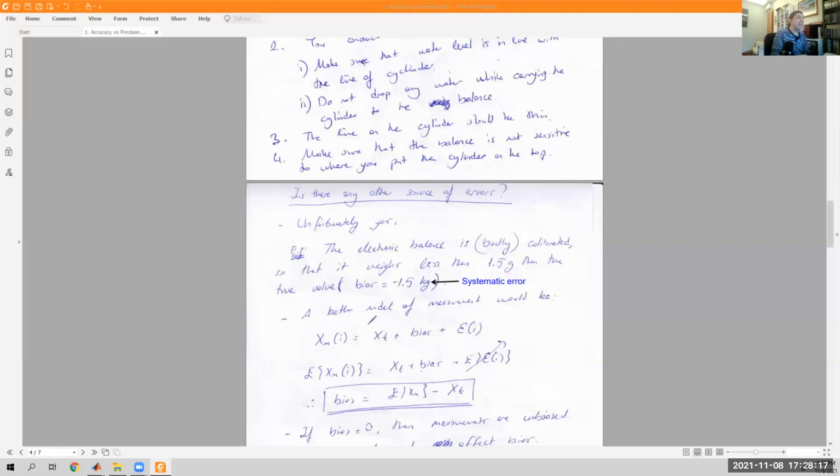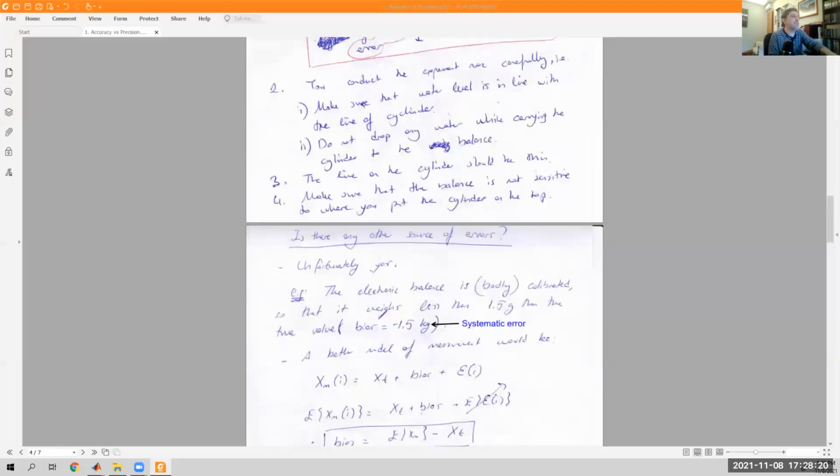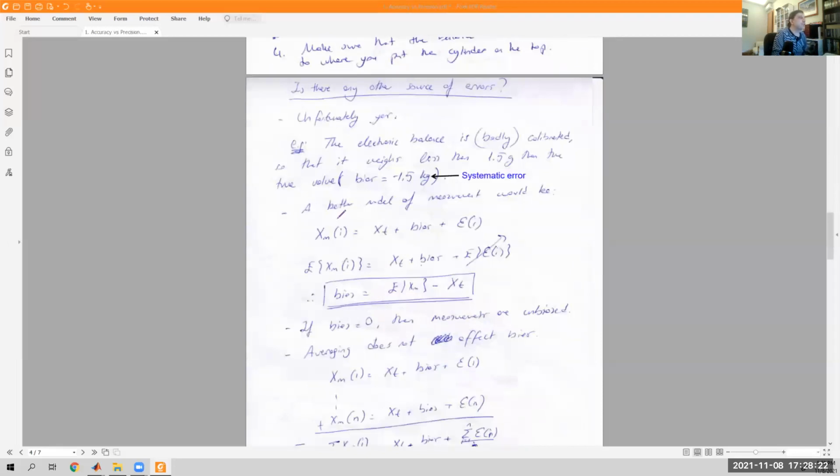So in this case, a better way of modeling the measurement or the experiment is with this equation, or with the statistical model here. It's very similar to the first one. The only difference here is that I have added a bias term. So the final measurement is going to be the true value, which is not going to change from experiment to experiment, plus bias, which is also not going to change from experiment to experiment, plus the random error term, which is going to change from experiment to experiment.